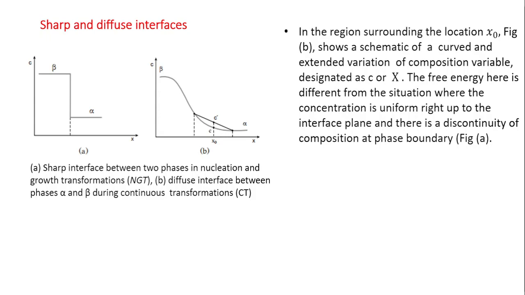On one side you have the composition corresponding to beta phase, and on the other side you have the composition which corresponds to alpha phase. It is assumed here that alpha phase is homogeneous, like so is also beta phase. So there is a discontinuity in the composition at the interface, and the interface thickness is assumed to be 0 here, ideally.